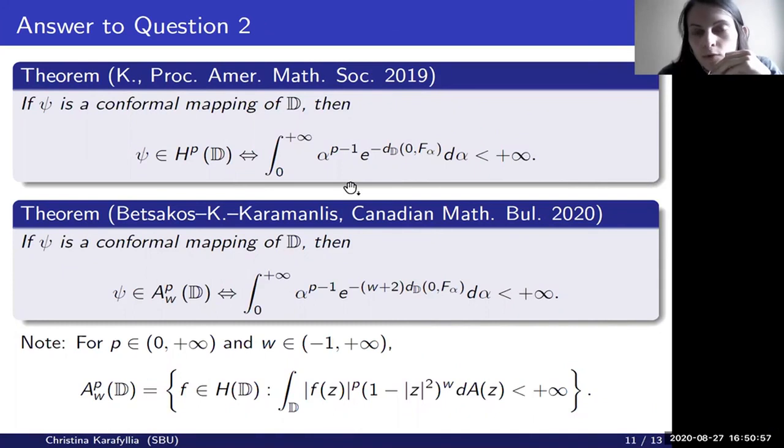And I just want to mention that this equivalence, this condition is generalized to Bergman spaces, which is a larger class of spaces of holomorphic functions, and Bergman spaces contain Hardy spaces. But I don't want to say more about this.